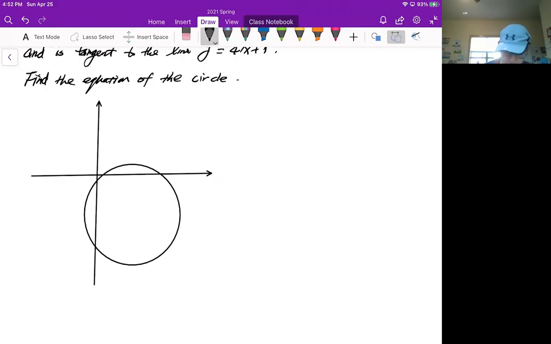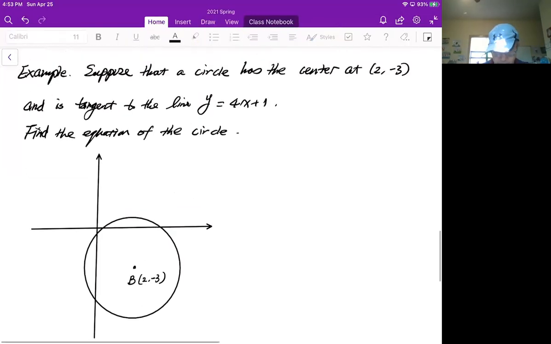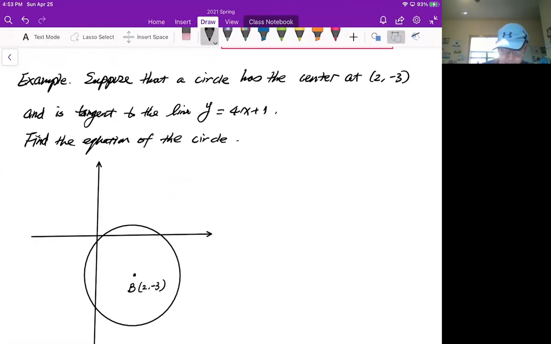Okay. So we get a point here. So this is the center of the circle. Let me call that B here. So that's (2, -3), right? And then you have a point, let's say this is 1 here.